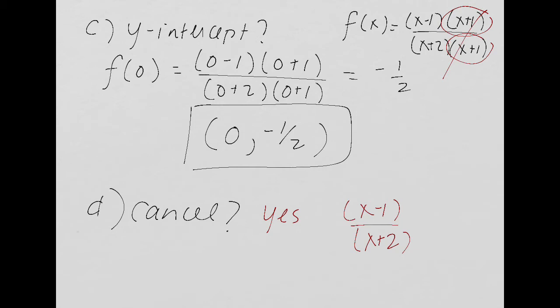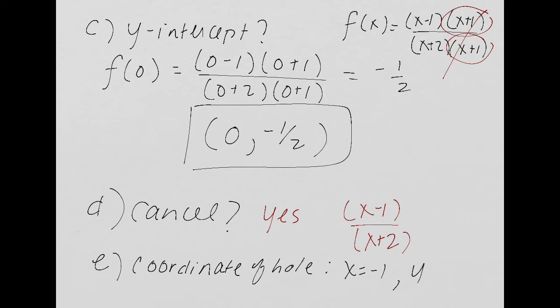Okay, so the next question is, what is the coordinate of the hole that we're punching out? And we know from what we've crossed out that the x value is -1. And I know that because if x is -1, that's making this guy 0, so that's not okay for being in the domain of the function. So the way I'm going to get the y coordinate is I'll just plug the x coordinate into these two remaining terms. And so the y coordinate that goes with that would be -1 - 1 over -1 + 2.